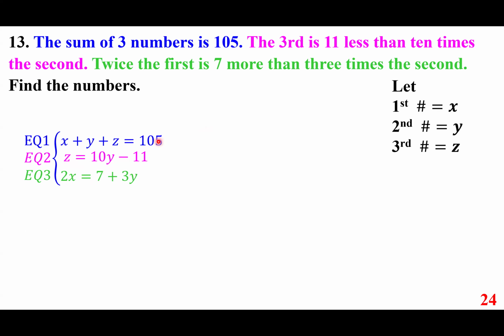If I go to equation 1 and replace the z with equation 2, so z becomes 10y minus 11, then this equation has x and y just like the third equation. So let's do that. So equation 1, I'm going to replace the z. So I'm going to write x plus y plus z, z is 10y minus 11, equals 105.